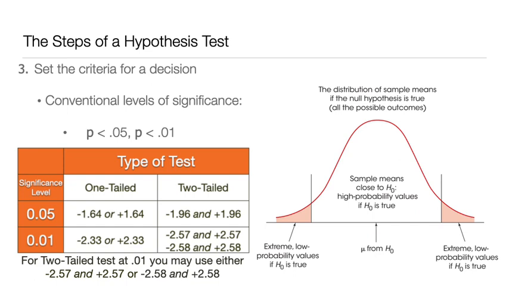And so 5% is always negative 1.64 or positive 1.64 for a one-tailed test, or negative 1.96 and positive 1.96 for a two-tailed test. Notice that in the one-tailed test it says or, because it's a directional hypothesis. We're either looking at the top or the bottom, not both. In a two-tailed test, we're going to be looking at both, and that's why those values are a little bit different.